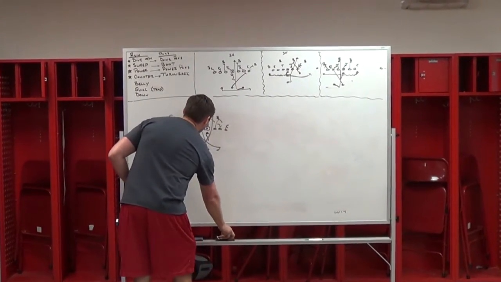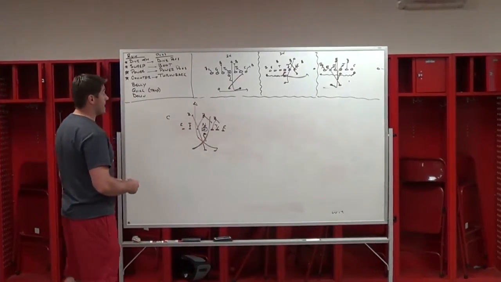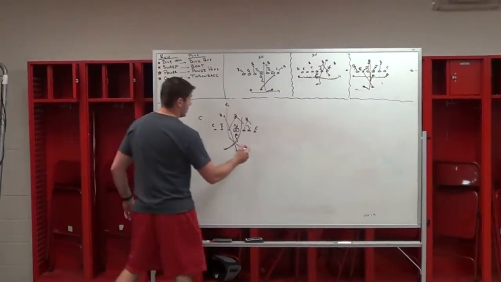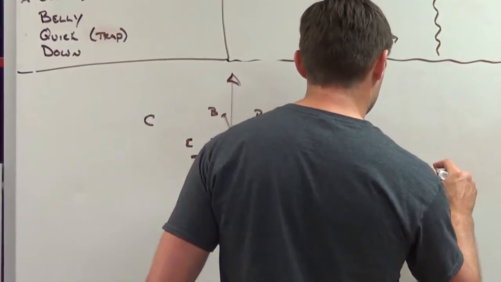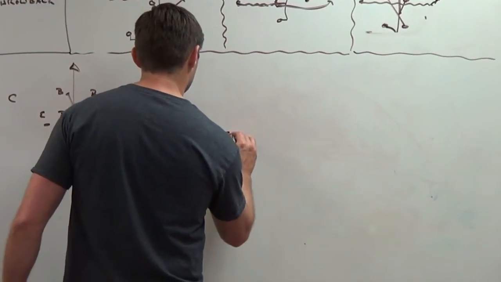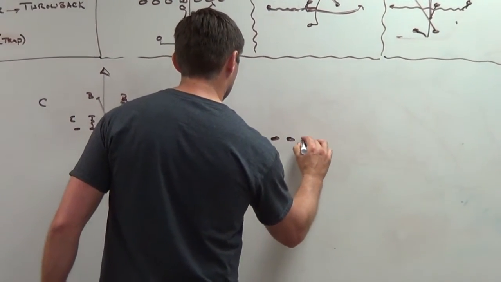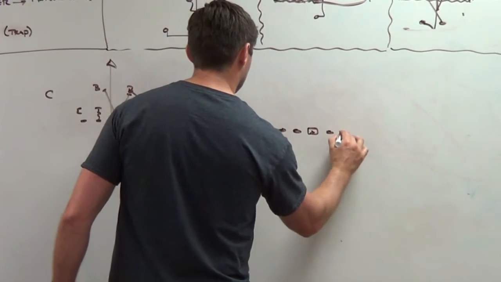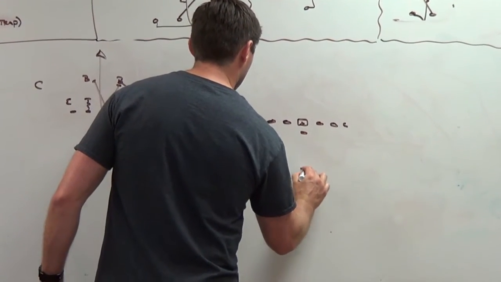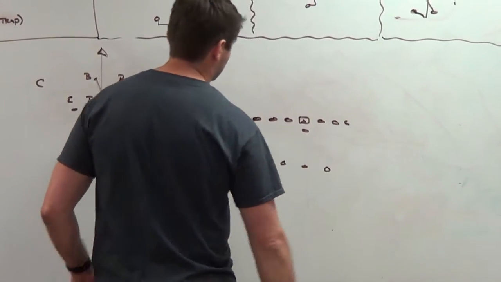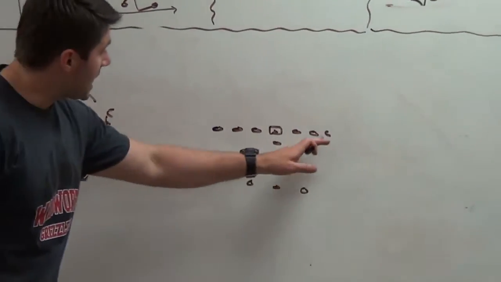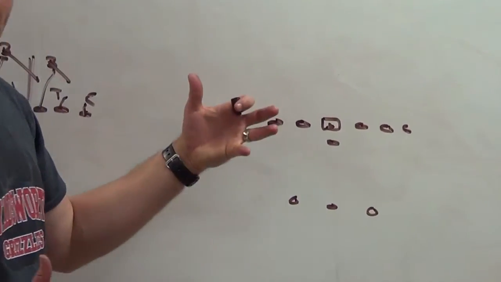All right. A throwback play, again, we call this throwback, where we're going to, off of counter, we fake it. So this would be 23 counter throwback.